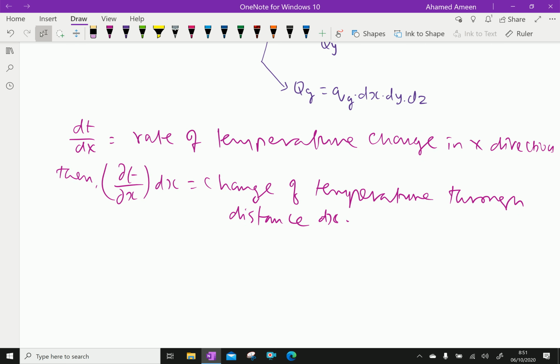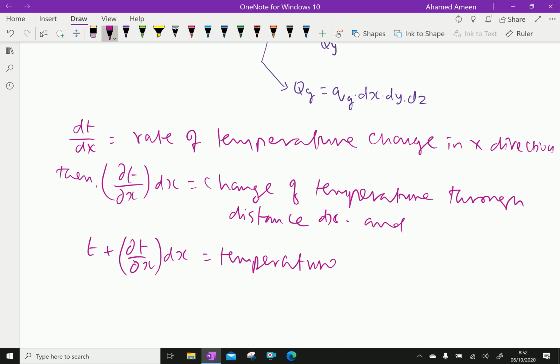Then further, you can say T plus ∂T/∂x times dx is the temperature on the right face, that means the right face of EFGH.